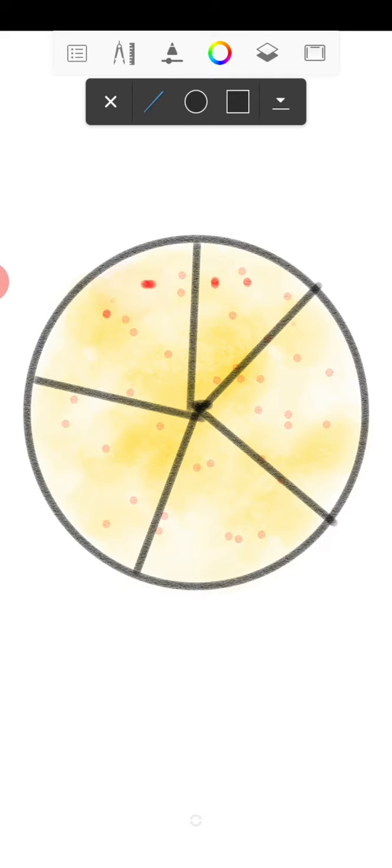Okay, so we have divided the pizza into one, two, three, four, five pieces, right?